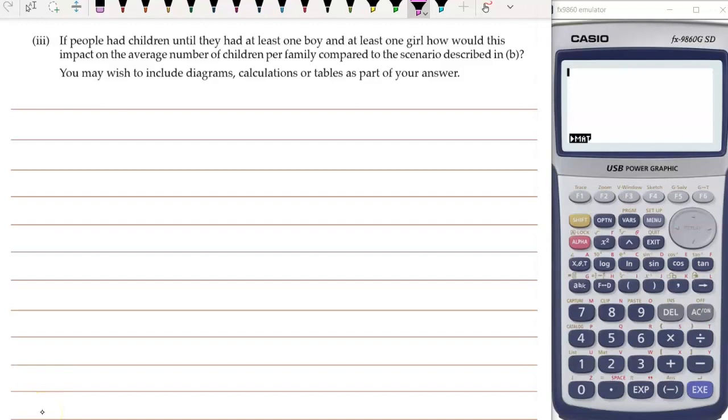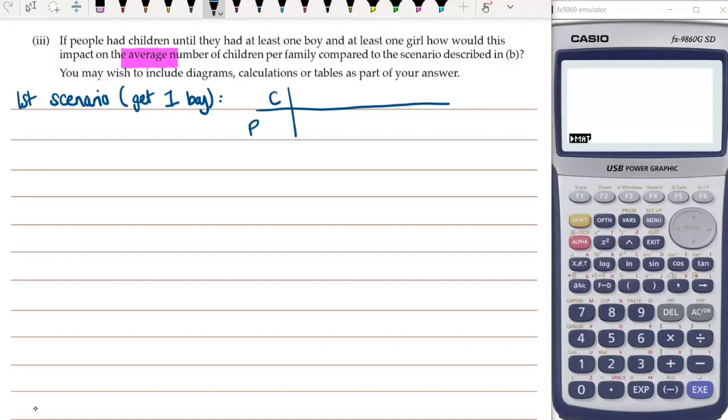And the clue to do that is where we've talked about average number of children per family in the question. So let's see if we can work out those averages. So in the first scenario of having children until you get a boy, let's think about how many children there would be in the family and the probability of getting them. So the probability that the number of children is equal to that.